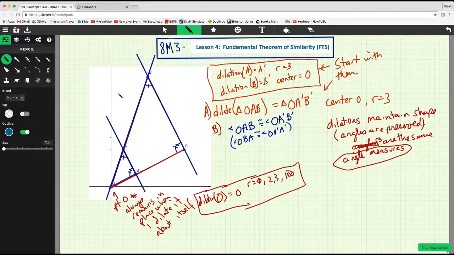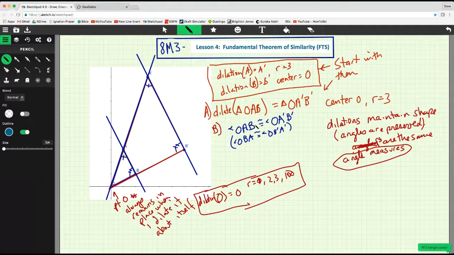Okay, transversals, and look at those two intersections of lines. And I want you to tell me what kind of angles these two angles are, this angle and this angle. Just answer that. We're going to continue to take it kind of slow.